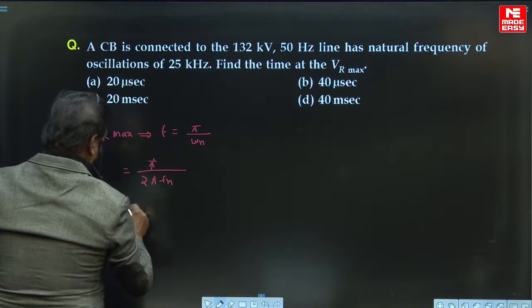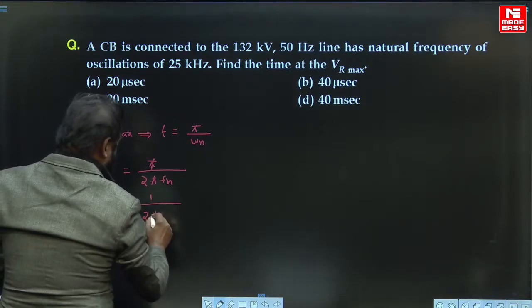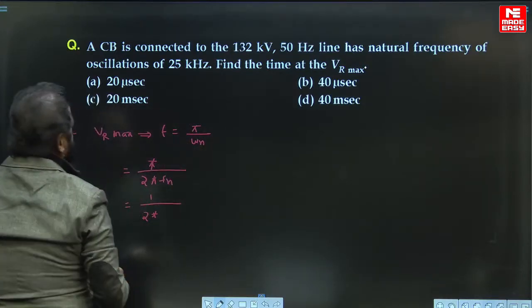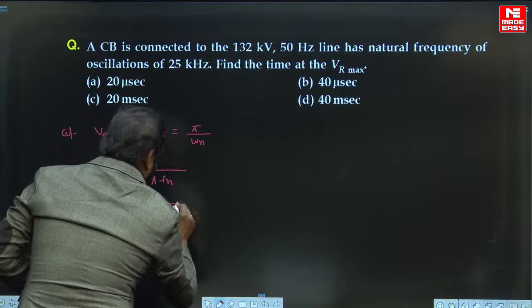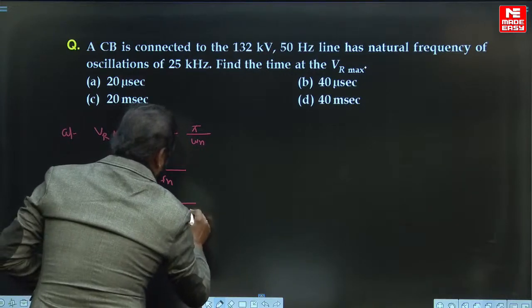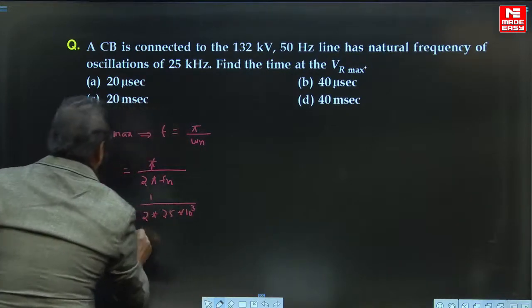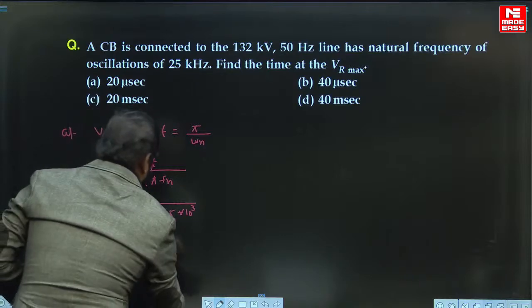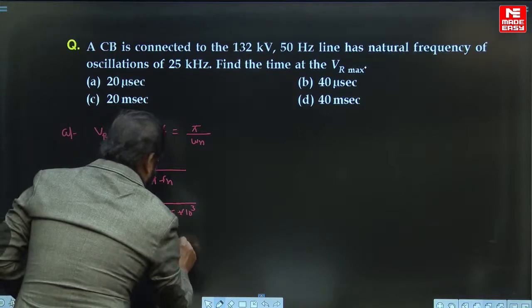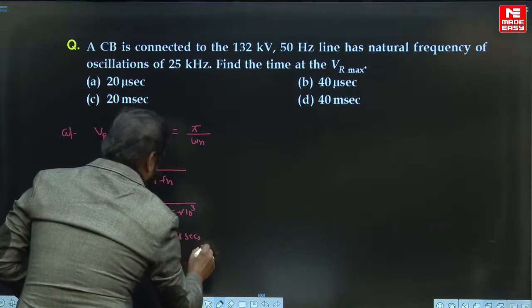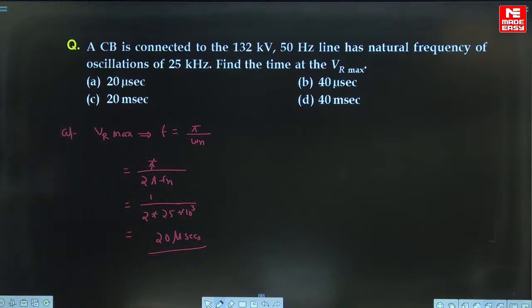So pi gets cancelled, 1 by 2 into Fn, natural frequency of oscillations is 25 into 10 cube. So this is equal to 20 microseconds.